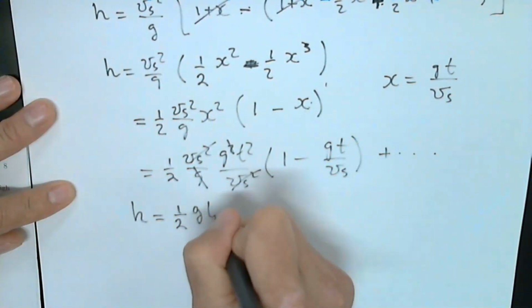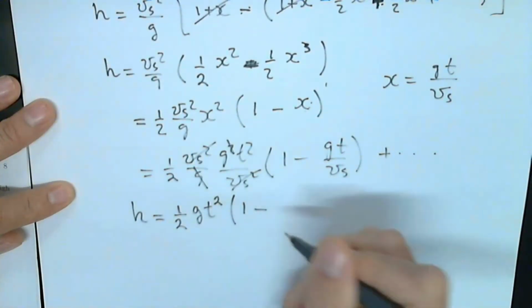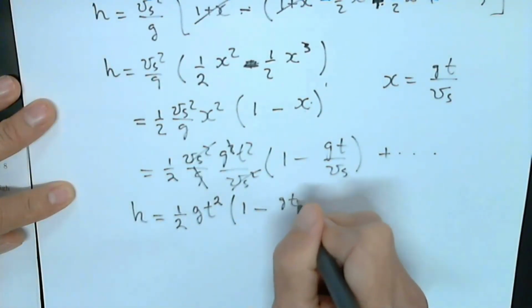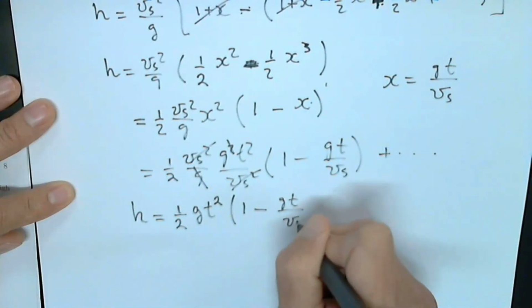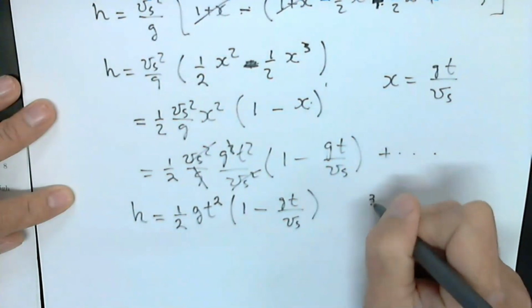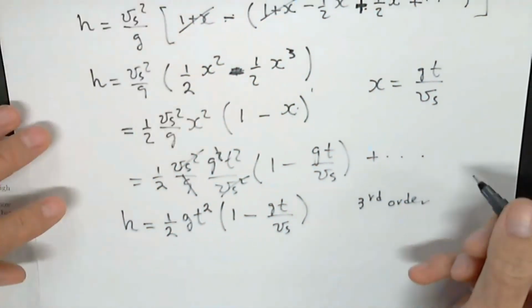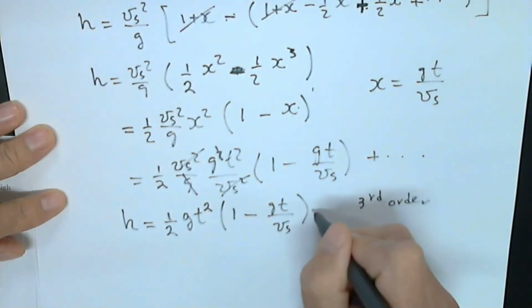You know, it's going to be 1/2 gt squared and something less than that. And this is the third order approximation.